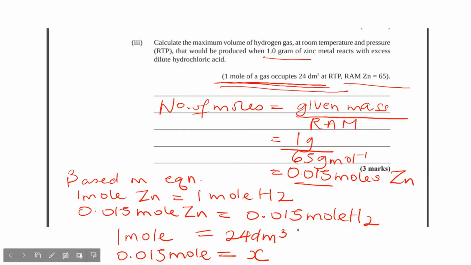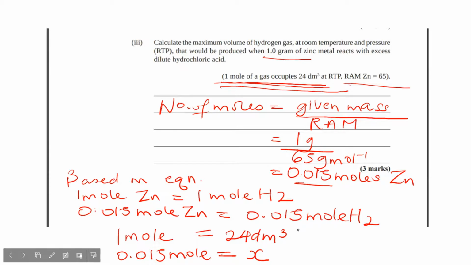X. So based on what they gave us, 1 mole of gas occupies 24 dm cube at RTP, so 0.015 mole occupies X.